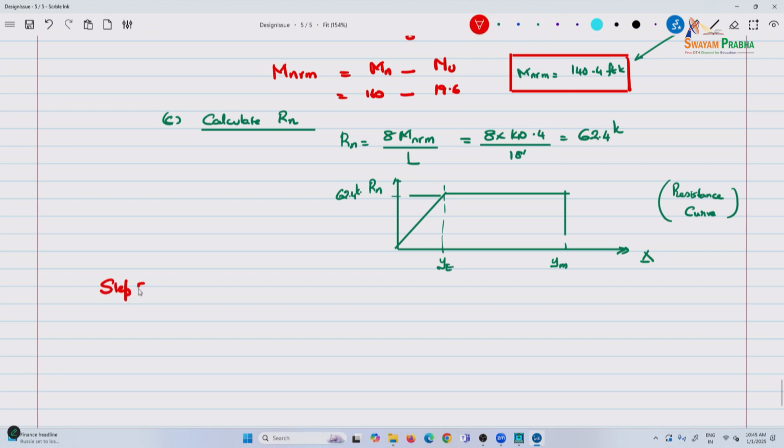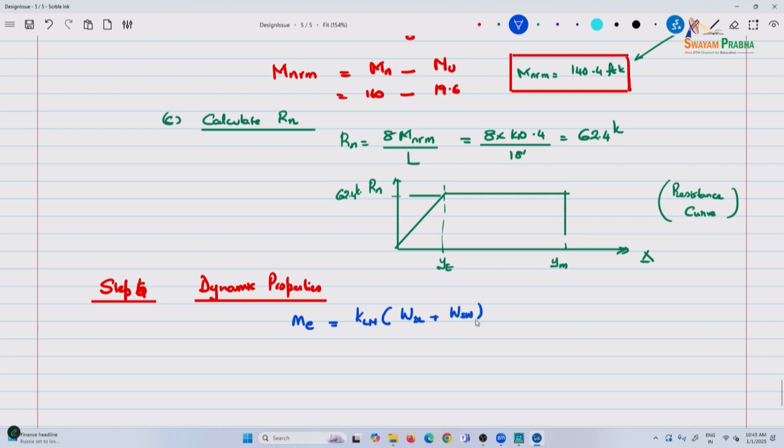So step 5 now, or step 4 rather. So the dynamic properties of the system, starting with the mass. The mass is basically your KLM multiplied by W dead load plus W self weight multiplied by L divided by g.